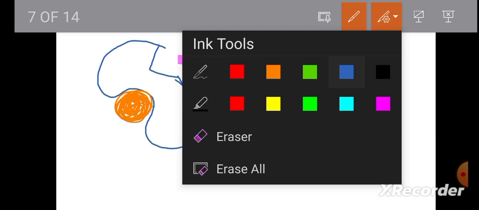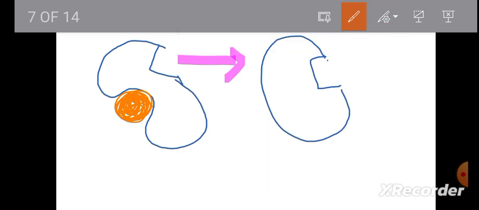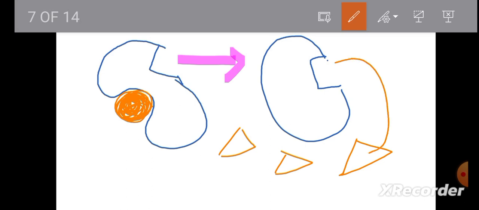Remember the substrate molecules, the shape and the structure of the substrate molecules is like this, but the active site is somewhat different. So there is an incompatibility between the shape and size of the substrate and the active site. This will prevent the binding of the substrate molecule with the active site.